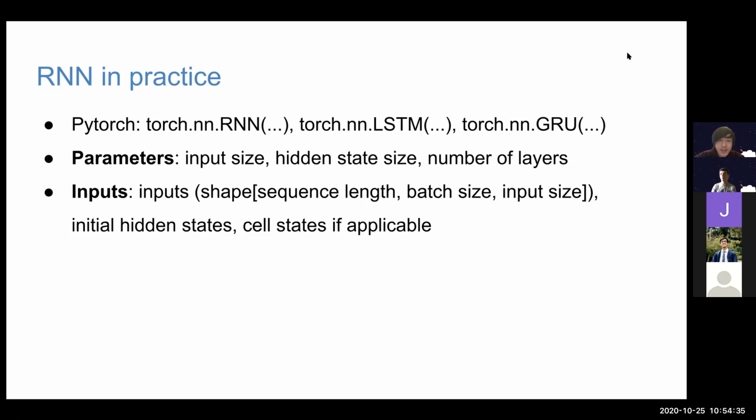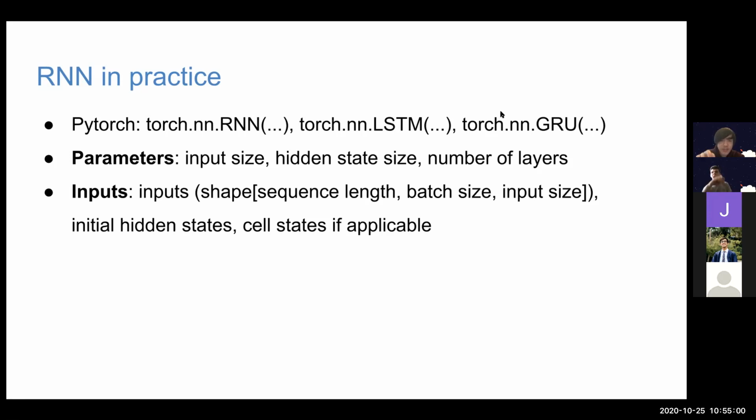As inputs, this is what you pass into your model, and through the forward function, it produces the next hidden state. So you pass in your inputs, your initial hidden states, and your cell states. When you're passing the input, you can pass in an entire sequence, and then you just need the initial hidden state for each layer.